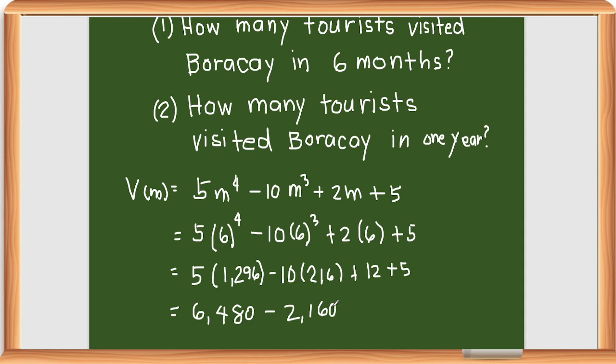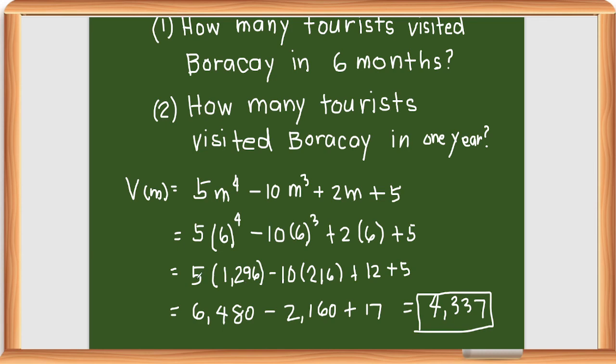And then, plus 17. So what will be the visitors of Boracay in 6 months? That is 4,337 tourists. That many will visit in 6 months.